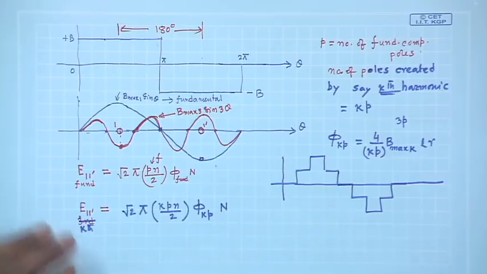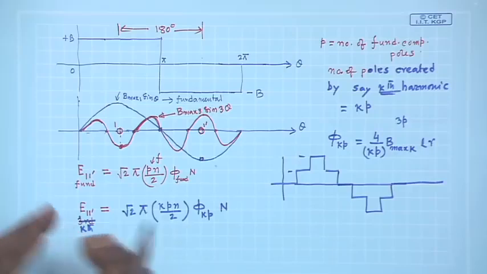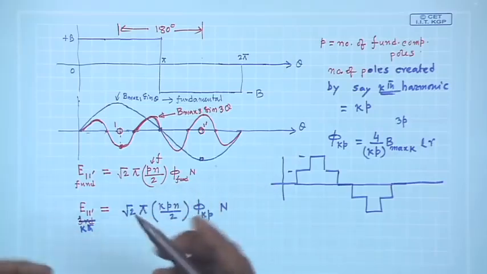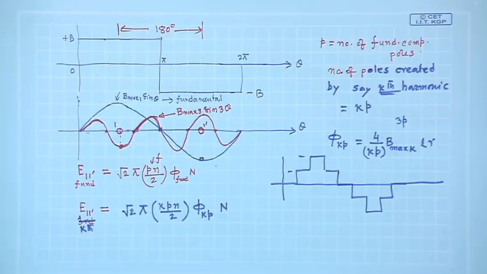If your B distribution is like this, then once again do the Fourier analysis of this waveform and get the fundamental. These amplitudes will be known if you are using a distributed coil, not a single coil. There are 2 coils connected in series in order to achieve a more sinusoidal flux density distribution.